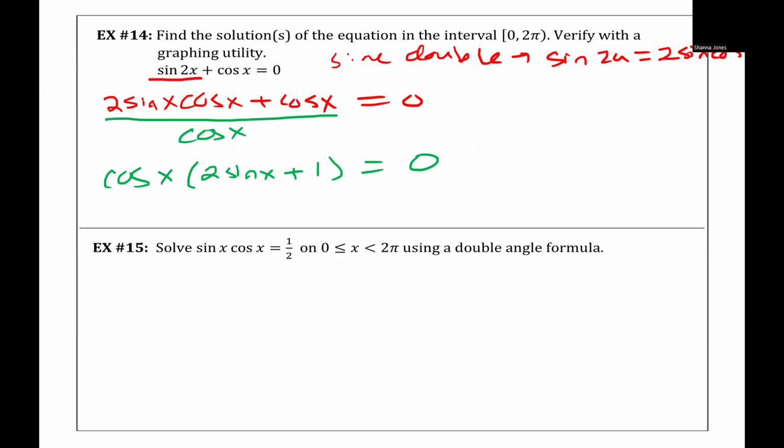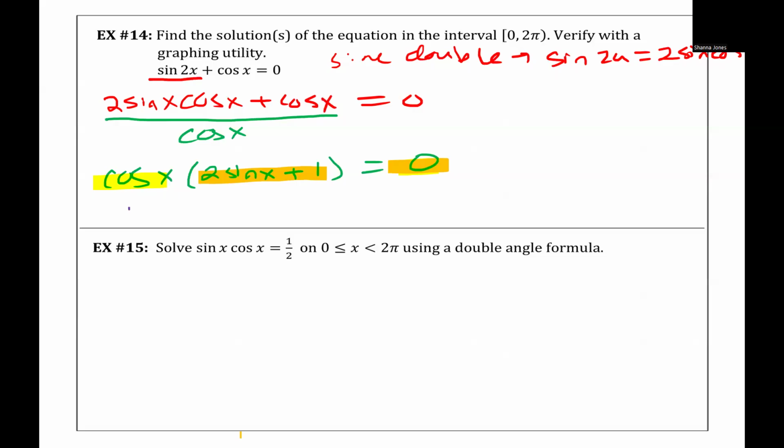So one problem is going to be cosine x equals 0. And then the other problem that I got to solve is going to be 2 sine x plus 1 equals 0. Okay? So we're going to be solving two separate problems to get our x. So let's write our two separate problems.